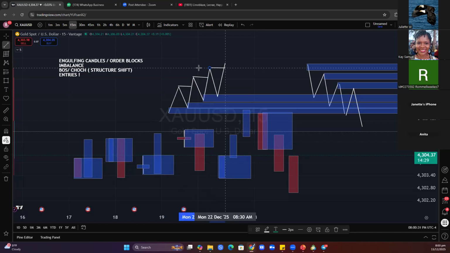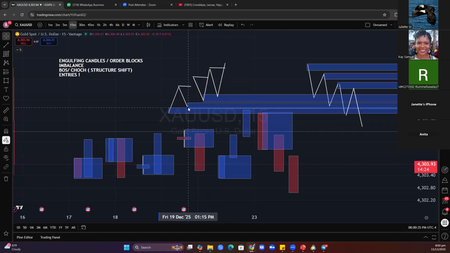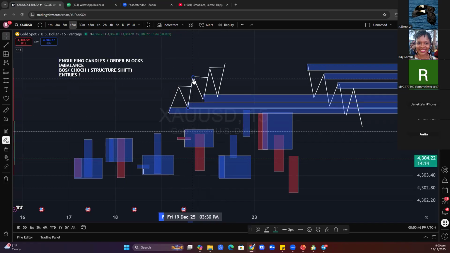So when this came up and broke past that particular high, we got a break of structure which confirmed that the market was going to continue to go up. All we're looking for is price to come back down before it continues to go up.